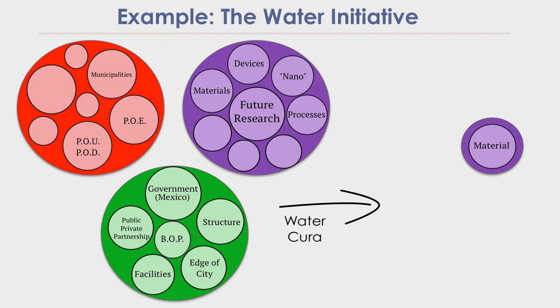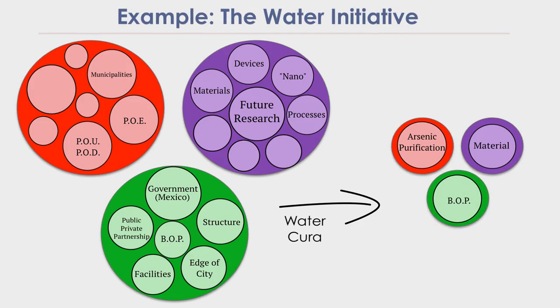And then clearly the arsenic purification market, so it's a technology thing over here, but I'm putting it on the market side because it's the arsenic market that ended up being our big differentiator, because there's no solution in the marketplace. And then initially we ended up using the base of the pyramid protocol, which meant that you have people on the ground with you, looking at business models that work in the local villages and local towns, and that is the implementation that's being employed. And so we actually were able to converge on our first Water Cura product this way.